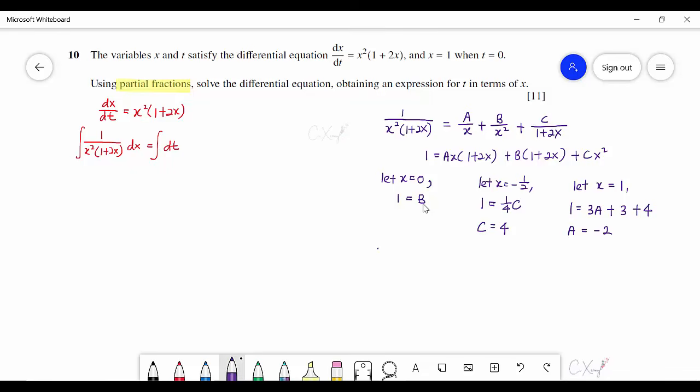So that means your partial fraction answer is out, which is 1 over x squared times 1 plus 2x, and it is actually equal to -2 over x plus 1 over x squared plus 4 over 1 plus 2x. So this is the answer for the partial fraction.